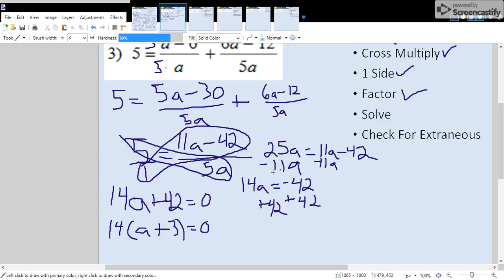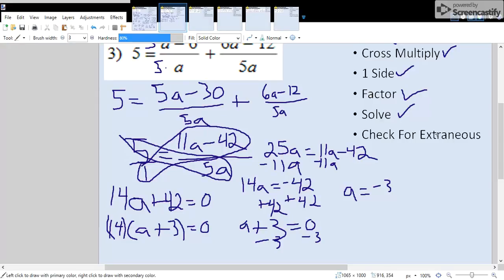Okay, step 6, we're going to solve. Well, 14 is never equal to 0, so there's no solution here. So we're just going to have a plus 3 equals 0. Subtract 3 on both sides of the equal sign. So you have a equals negative 3. So we're done with that step.